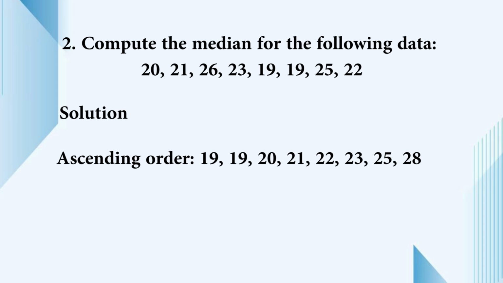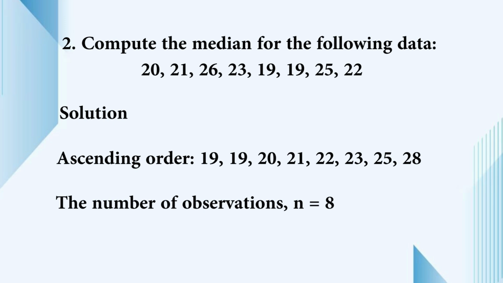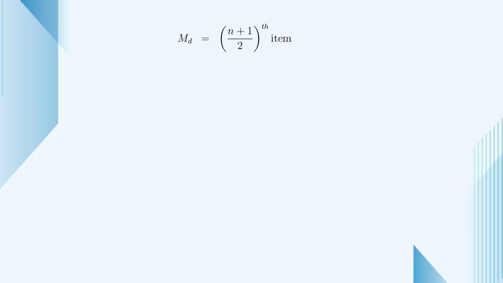So, arranging the data in ascending order, we have the observations as 19, 19, 20, 21, 22, 23, 25, 28. The number of observations, that is n, is equal to 8.